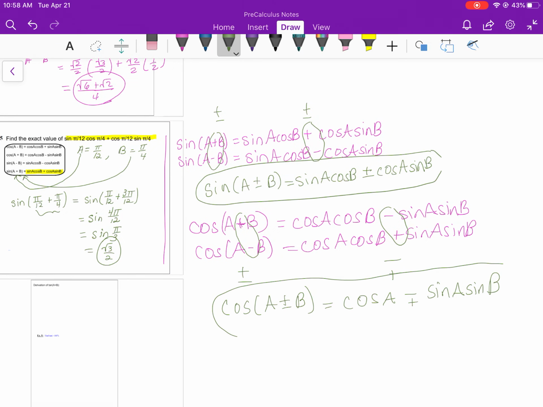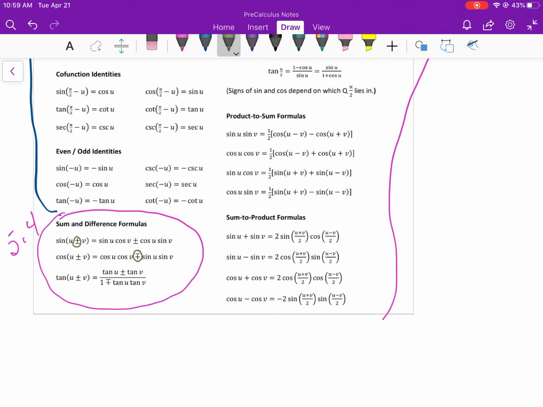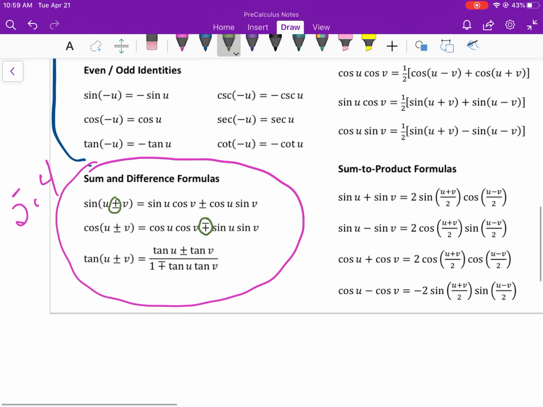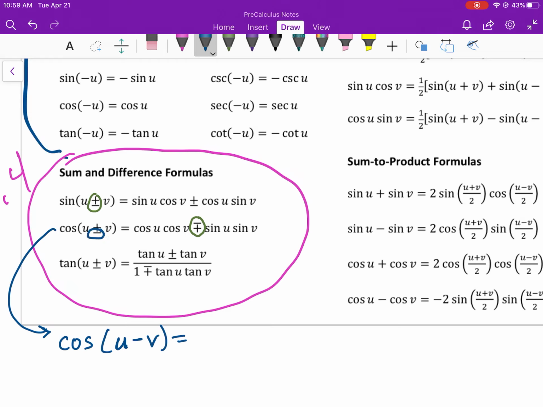So that should clarify why, if you go back to your identity sheet, and let me go there with you real quick, why you see these signs the way they are. Now, if you're using your identity sheet, what you want to watch for is if you're finding, say, cosine of u minus v, that minus is the lower sign here.